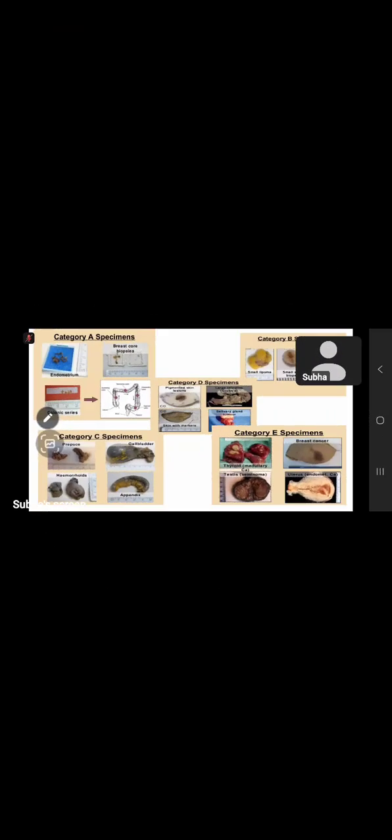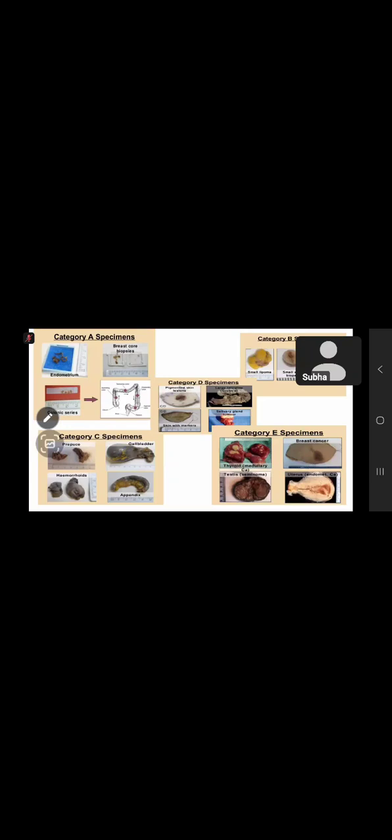In histopathology we examine the tissue. So other than the tissue, biopsy or autopsy samples, we also receive cytology specimens. All the samples we can categorize into 5 groups. For example, category A belongs to specimens such as endometrium and breast specimens.